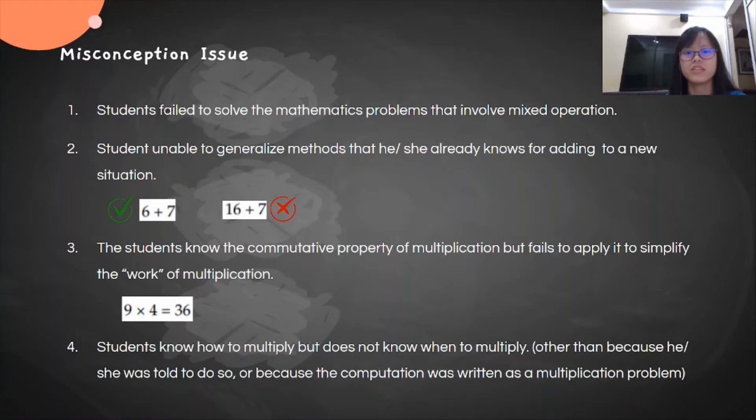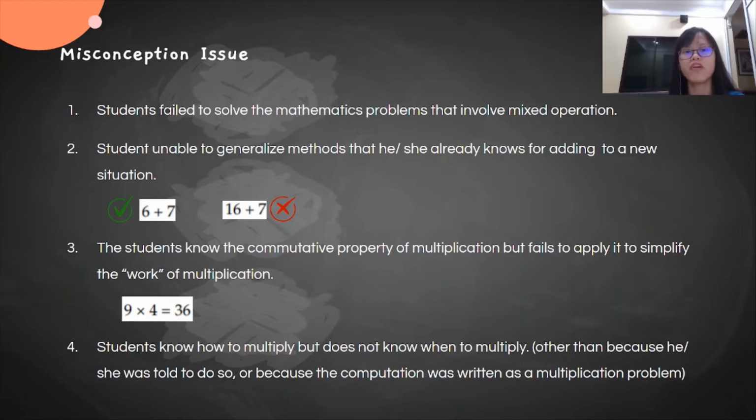And then the third, the students know the commutative property of multiplication, but they fail to apply it to simplify the work of multiplication. For example, they know how to solve the equation of 9 times 4 equals 36, but they don't know how to solve the equation of 4 times 9.